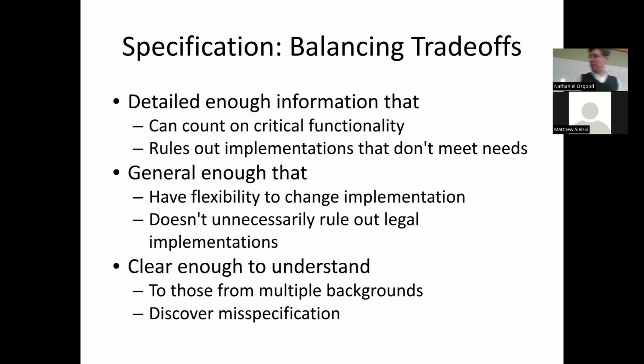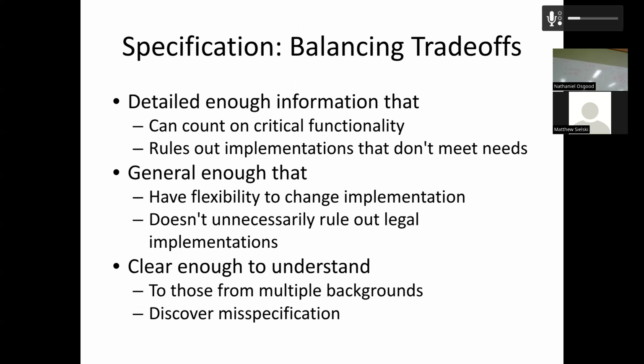So what I argued from this desk last time is that with our specifications, we need to balance two things. We need to provide enough information to make the abstraction, the thing whose behavior we're describing, able to be used to clearly deliver functionality that's desirable, that people can count on, and to rule out implementations that won't work for those users.